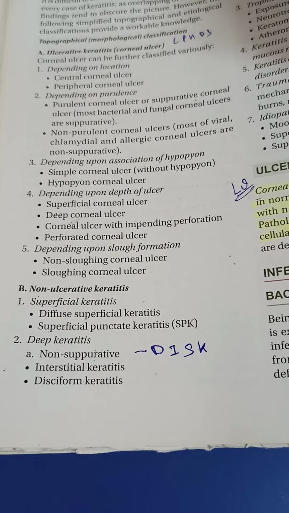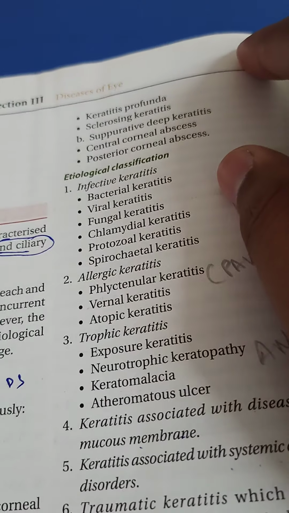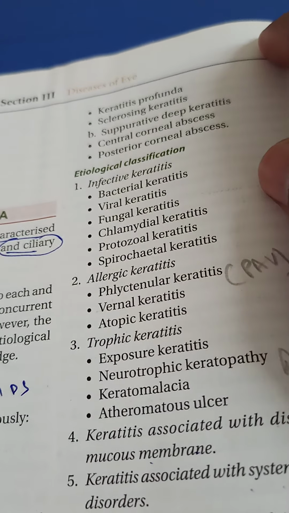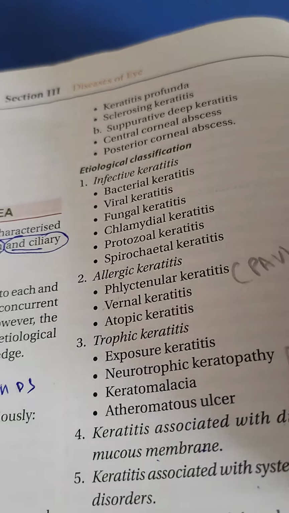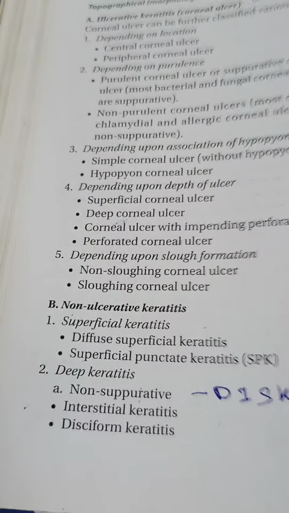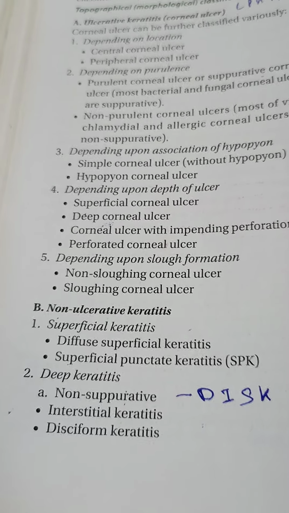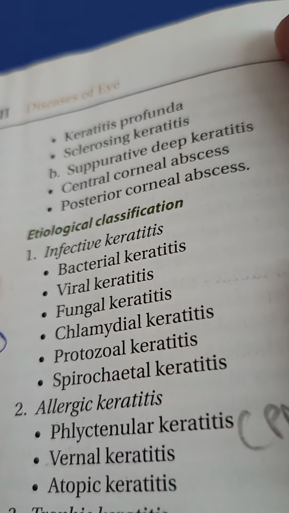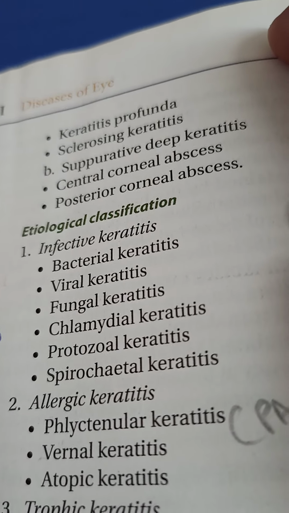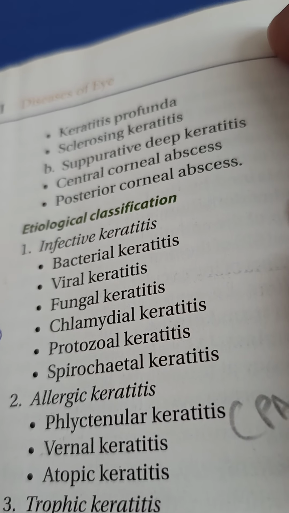D for disciform keratitis, I for interstitial keratitis, S for sclerosing keratitis, and K for keratitis profunda. I am very sorry, the mnemonic is: interstitial keratitis, disciform keratitis, S for sclerosing keratitis, and K for keratitis profunda.